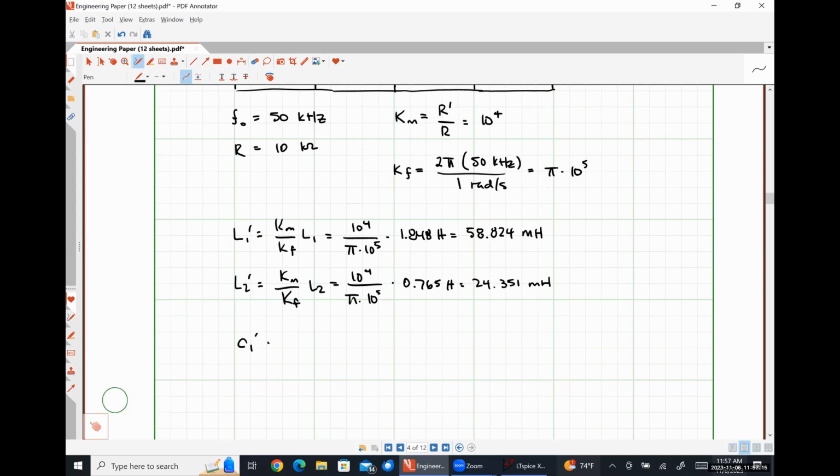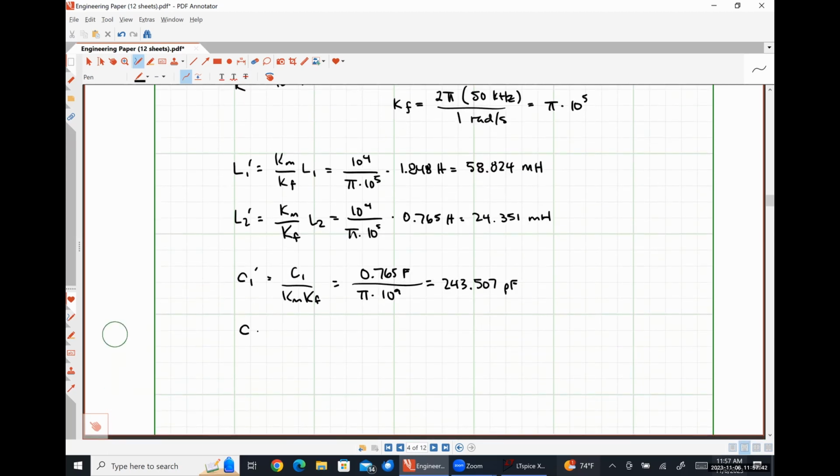C1 prime is going to be C1 divided by Km times Kf. So that's going to look like 0.765 farads divided by pi times 10 to the 9, which is 243.507 picofarads.